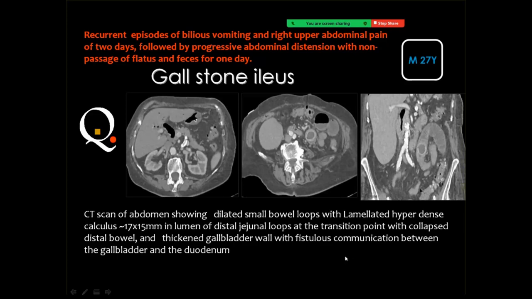All this triad is pathognomonic for the diagnosis of gallstone ileus. And some of the surgeons feel that this possibility, gallstone ileus, is rare in the clinical practice. I say no. We frequently see some cases like this during the daily work, and this is not a rarity.